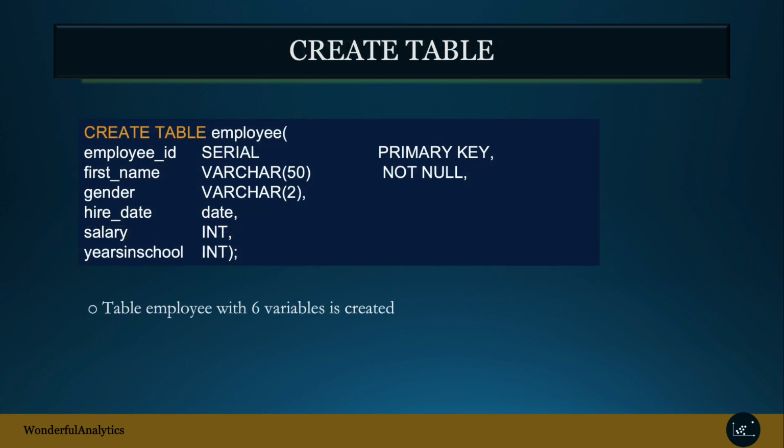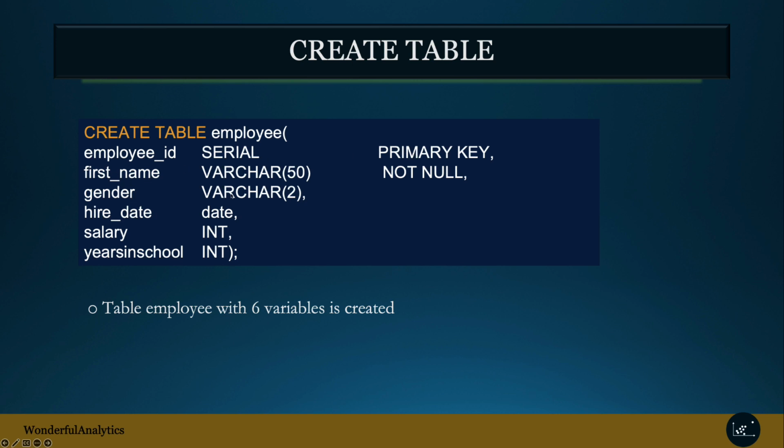Now let's create a table in PostgreSQL. We can simply use the CREATE TABLE statement in SQL to create a new table. Here in this example, we are creating an employee table containing 6 variables, and these variables have different data types. I have assigned employee ID as a serial type and also a primary key. Some other variables are first name and gender, which are variable character types.